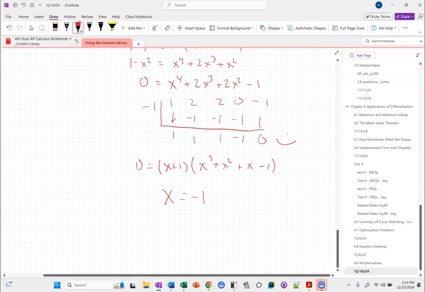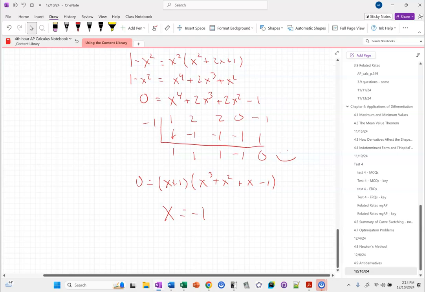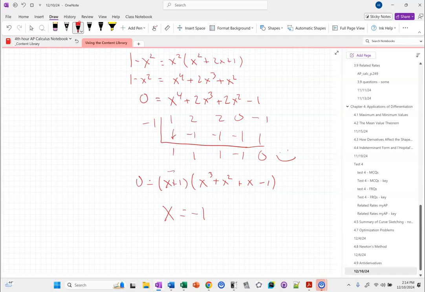If I plug a value less than -1 in, I would get negative, and then I have 3 negatives and only 1 positive, so I'll get a negative over there as long as the value is bigger than 1, like -2 or something.